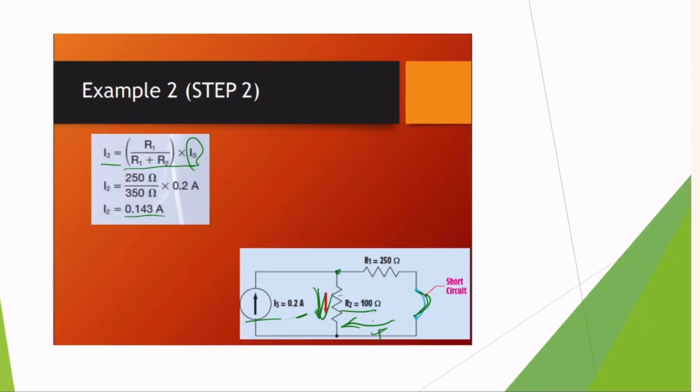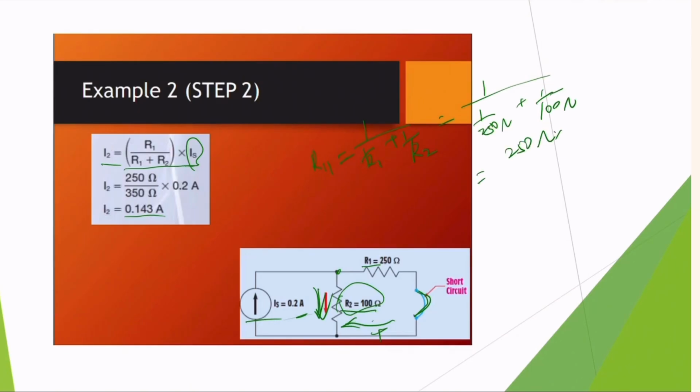The other way we can get the current for R2 is to find the parallel resistance. The parallel resistance is 1 over R1 plus 1 over R2. That will give us 1 over 250 ohms plus 1 over 100 ohms.